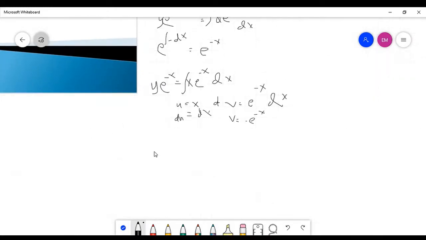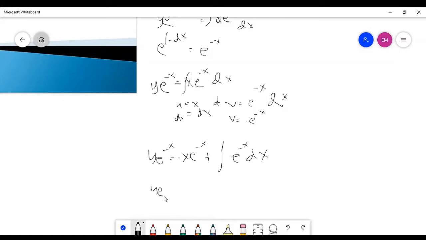So, therefore, we have y e raised to negative x is equal to uv minus the integral of v du. So, this is negative x e raised to negative x minus the integral of negative e raised to negative x dx. But we have here negative negative, so that becomes positive. So, we have plus, and only one integration left.